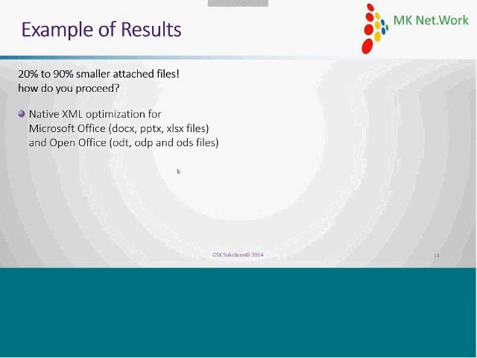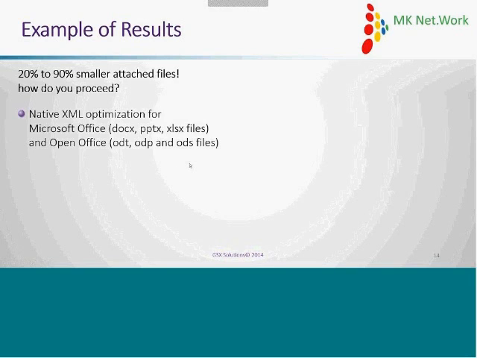It means basically we make these files smaller without changing the type of the files. So at the end of the optimization process, your DocX is still a DocX file made smaller. And depending on the content, much smaller, it can go from 20 to 90% smaller.